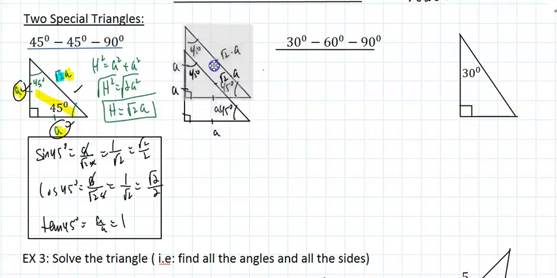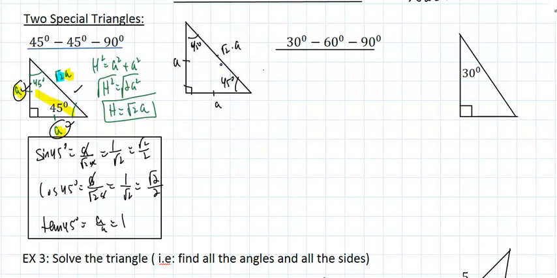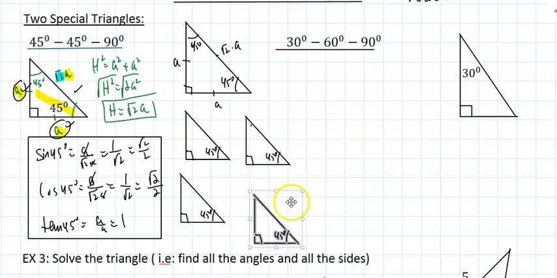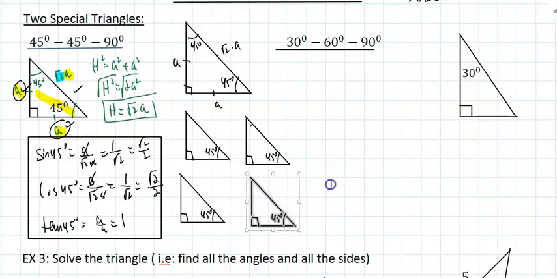What does that mean? That means if I gave you the following triangle, now I'm going to use a bit of geometry. I know you're going to remember geometry, but that's okay.